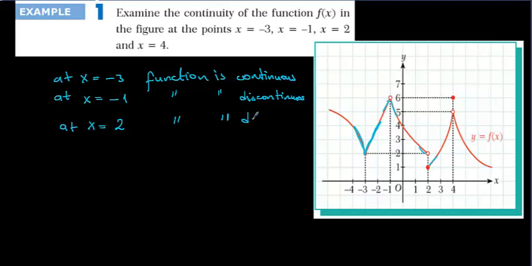And at x equal to 4, the function is discontinuous again, because when you come here it is like at x equal to -1: you are coming here, but there's a hole here. That's why you have to shift your hand and start from the other side. That's why the function is discontinuous at this point.